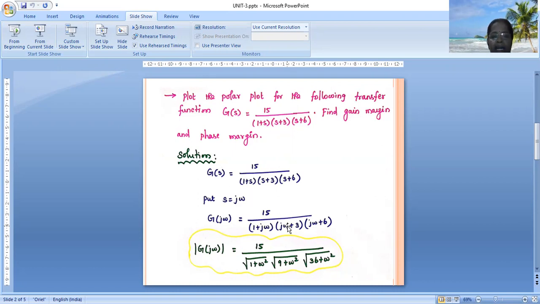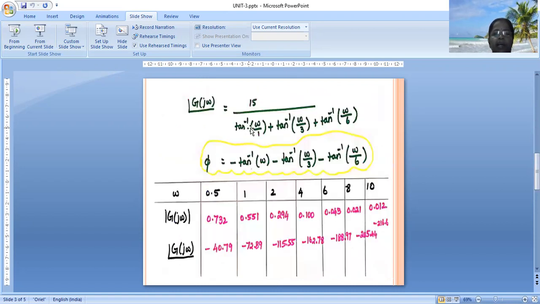Similarly here tan inverse of omega divided by 3, here tan inverse of omega divided by 6. So that value only I wrote here. Tan inverse of omega by 1 plus, you have to write it in the additive form only, plus tan inverse of omega by 3 plus tan inverse of omega by 6. So this is in the denominator. Next I am bringing in the numerator, so that's why I am getting minus tan inverse of omega minus tan inverse of omega by 3 minus tan inverse of omega by 6.